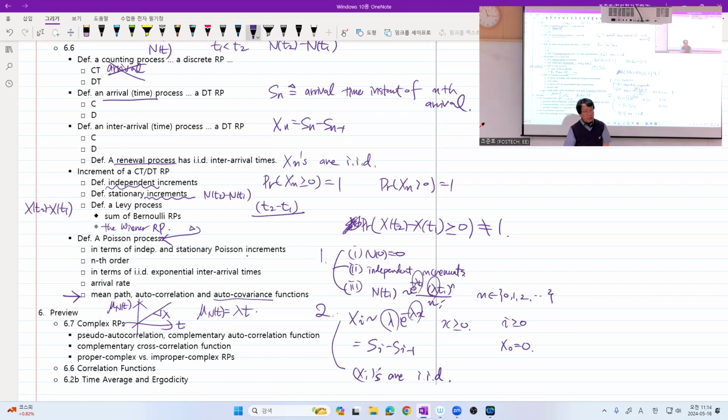Sometimes we make our arrival process have properties very close to our mathematical model by doing some pre-admission process. For example, if you go to a club in Hongdae, what happens? There are gatemen, right? And they control the so-called arrival process, right? Similarly, we can do that.